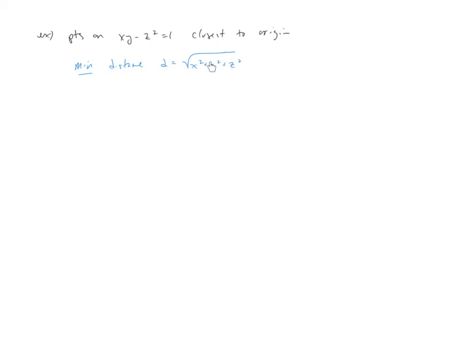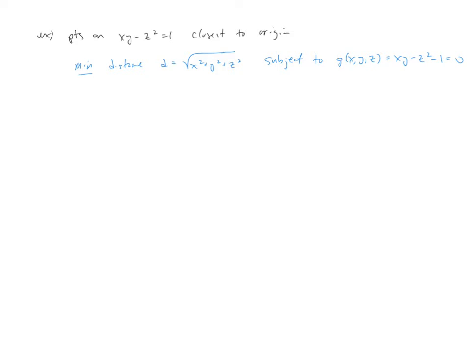So that's going to be our distance. And then it's going to be subject to the constraint, which would be g of x, y, z equals xy minus z squared minus 1 equals 0.